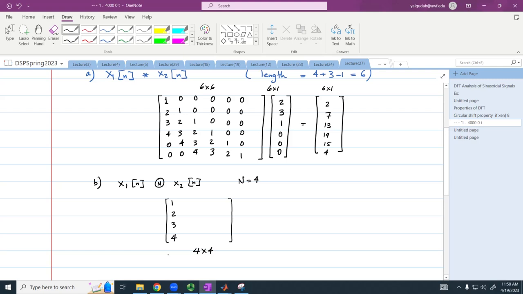However, now when we push down, it brings the last element up to the top. So it's going to be 4, 1, 2, 3. Push again, 3, 4, 1, 2. Push again, 2, 3, 4, 1. Then we multiply it by 2, 3, 1, and 0. And this gives me 17, 11, 13, and 19.